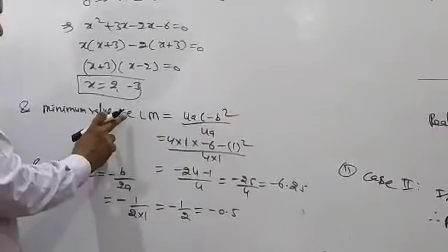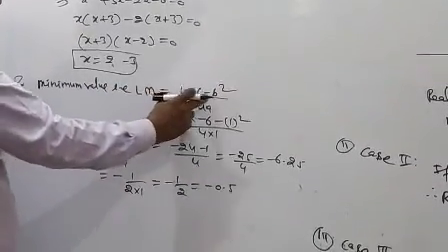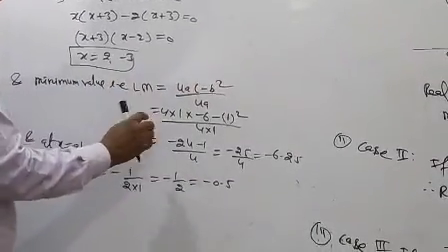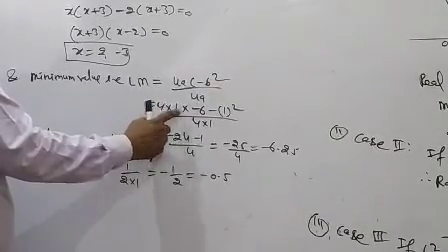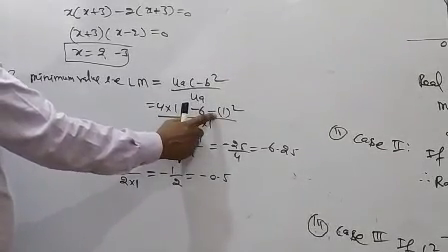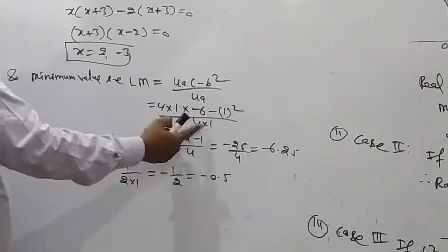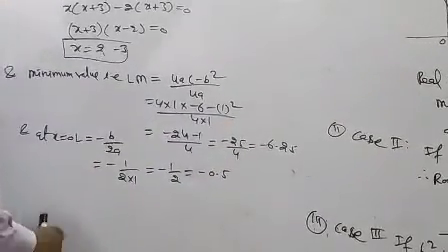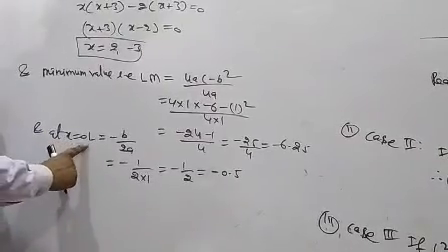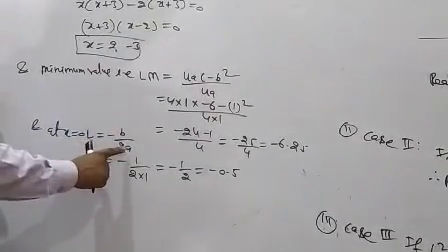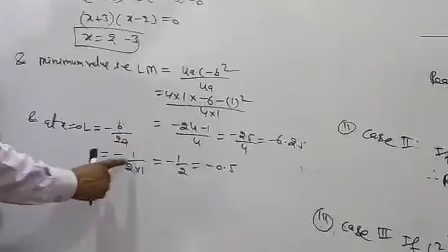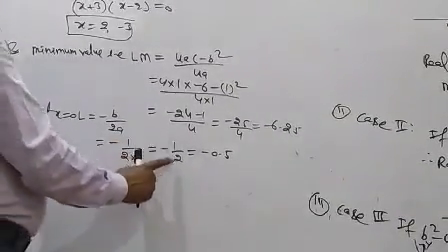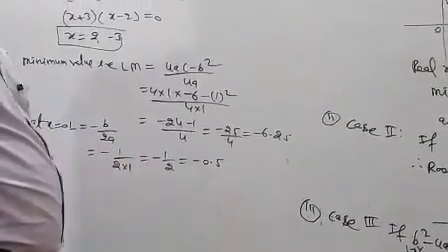And the minimum value, that is LM, is equal to 4ac minus b square upon 4a. a is equal to 1, c is equal to minus 6 and b is equal to 1, upon 4 into 1. Now minus 6.25. And x is equal to OL is equal to minus b upon 2a, is equal to minus 1 upon 2 into 1, is equal to minus 1 by 2, is equal to minus 0.5. Clear?